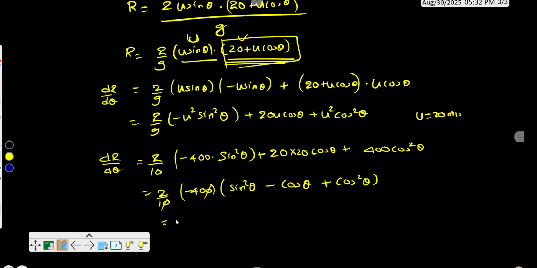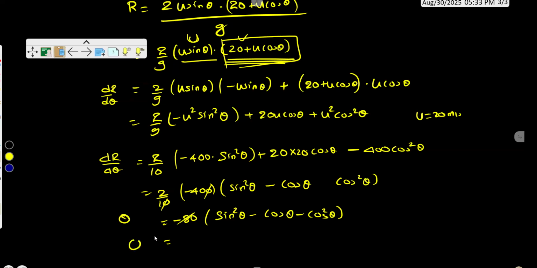Sorry, here also we should get minus: minus 400 cos square theta and minus cos square theta. So this is 0. So we have sine square theta minus cos theta minus cos square theta.